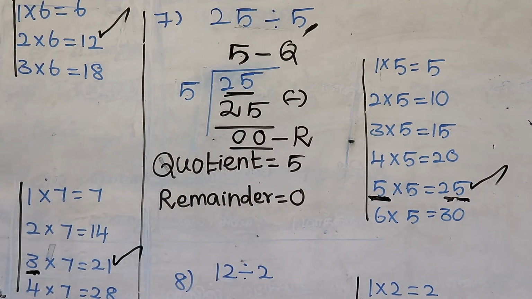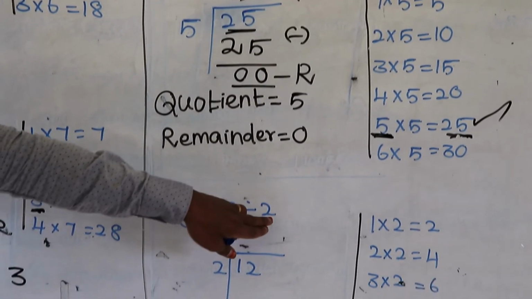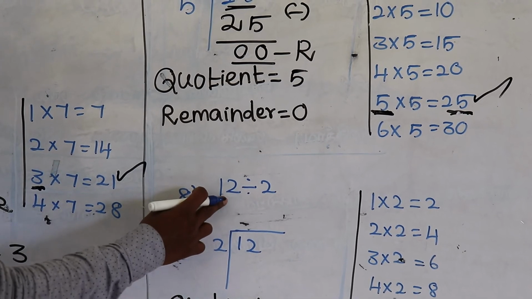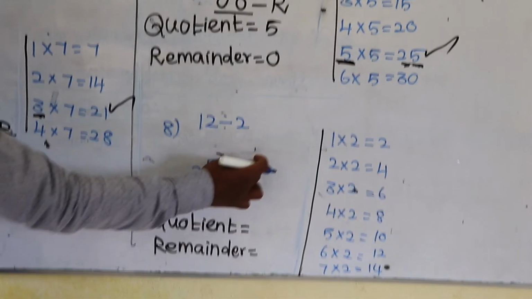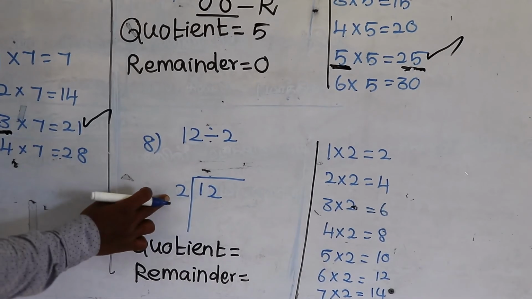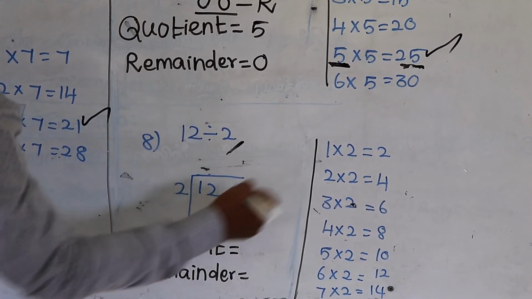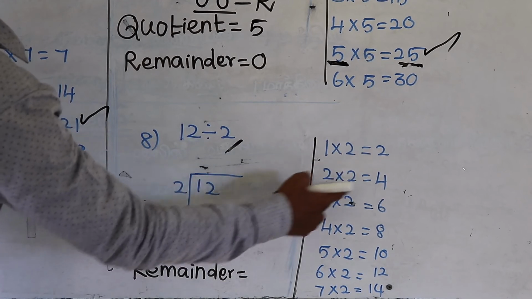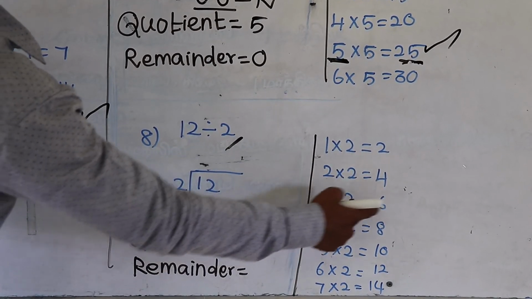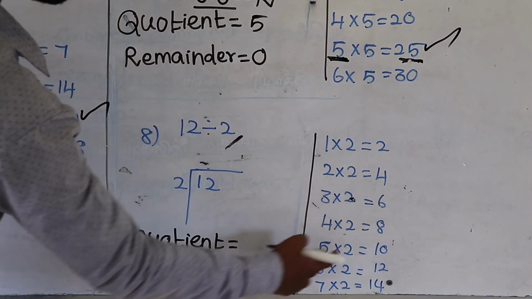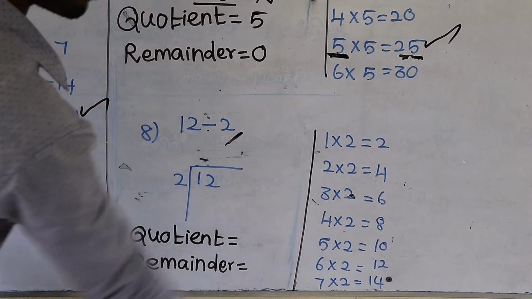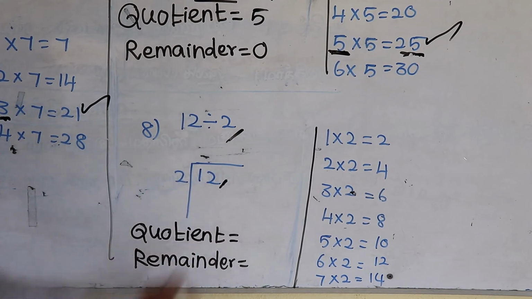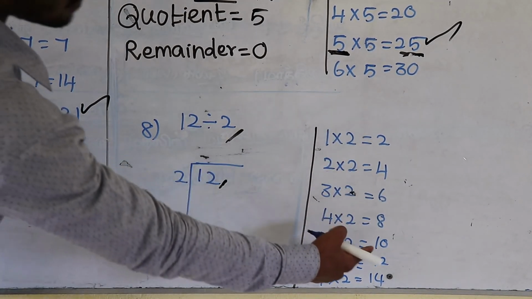Then the last sum, 12 divide 2. 12 is the divided value, 2 is the divisor. Write like this, 12 divide 2. The second table is possible. 1 2 is 2, 2 2's are 4, 3 2's are 6, 4 2's are 8, 5 2's are 10, 6 2's are 12, 7 2's are 14. But here the divided value is 12. Where is 12?